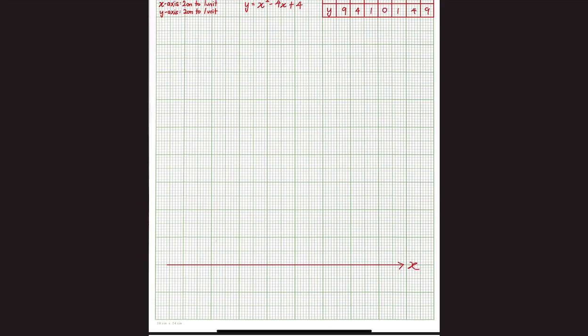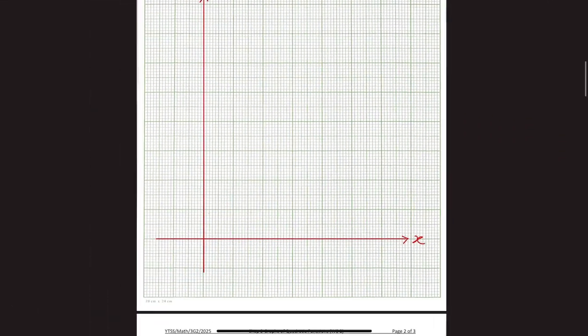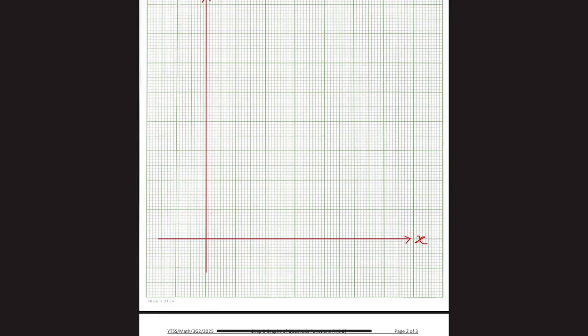Now I draw my y-axis. Please draw this with me. Your y-axis should be a vertical line like this. Please use a ruler. If you do not use a ruler, you will have to redraw the graph again. We label this as y. Then we label the origin as 0.